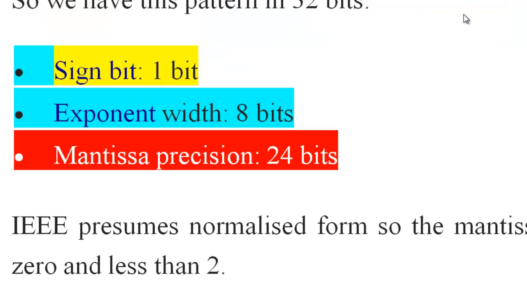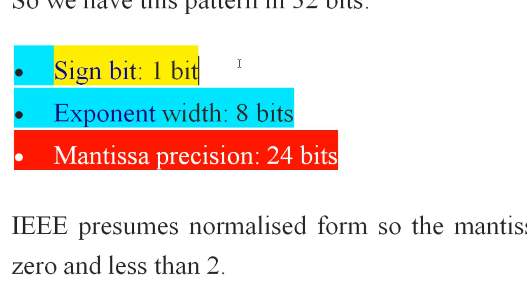So we have this pattern in 32 bits. We have the sign bit, which is 1 bit, the exponent width, which is 8 bits, and the mantissa precision, which is 24 bits. We can add the bit counts here.